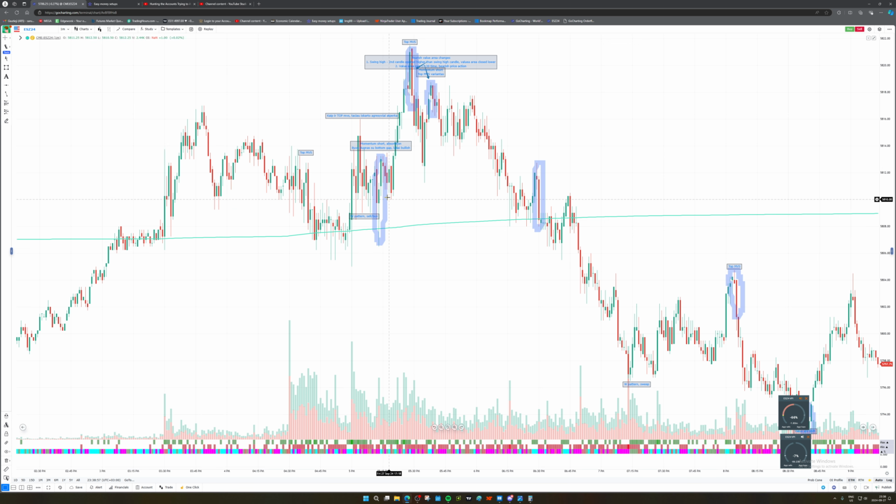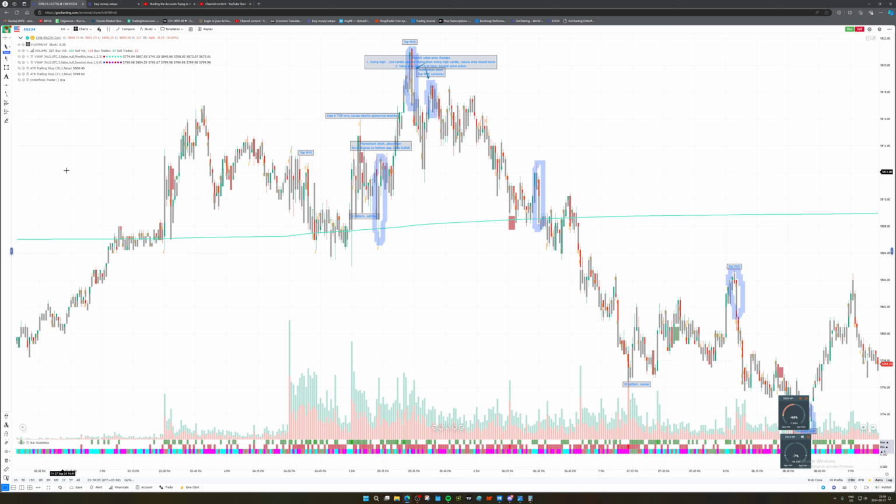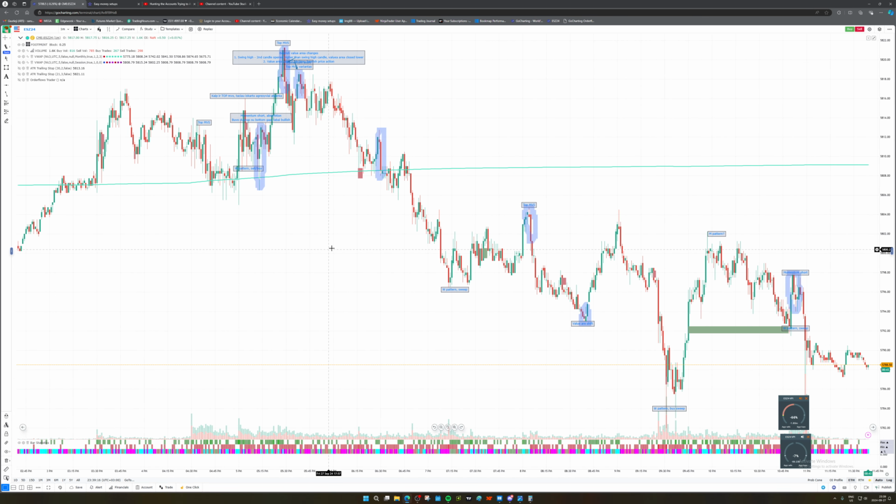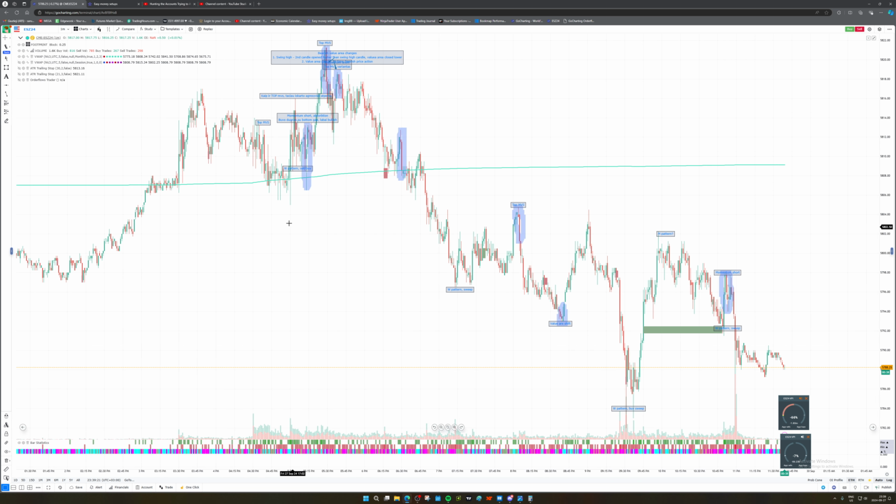So let's go to the cluster chart. The thing I want to talk about is value areas. Many people are using chart volume profile, and they talk about what is above value area high and what is below value area high.